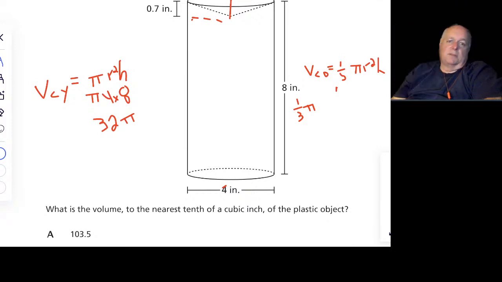Therefore, the radius is the same, so it's going to be 2 squared. We're going to get 4. And then we have 0.7. So that's where things get sloppy. We don't know whether to write a 7/10 or 0.7. So let's just stick with 0.7 for now. And that's what we end up needing to do.